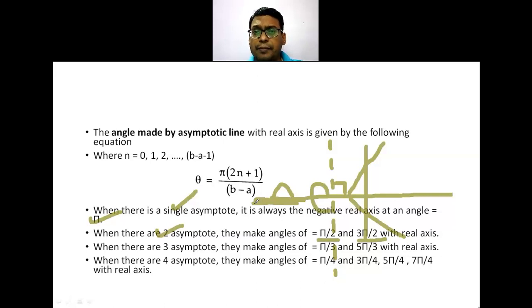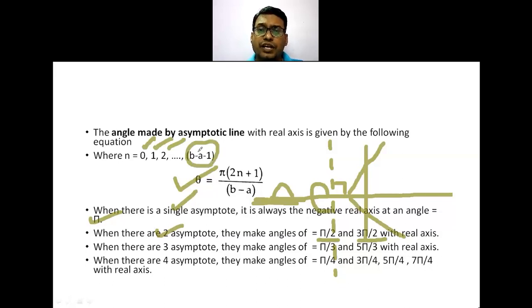The angle made by asymptotic lines is calculated by using pi into (2n plus 1) upon (b minus a), where n may have the value of 0, 1, 2, depending on b minus a minus 1.